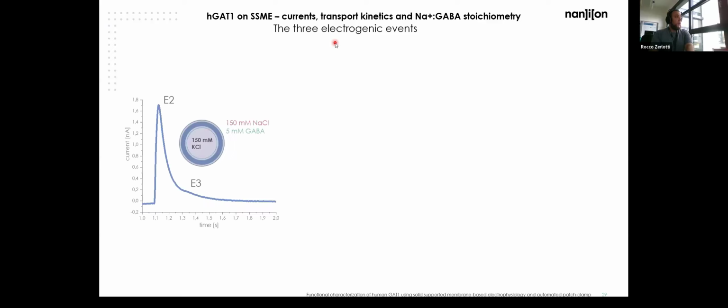If we have our vesicles filled with potassium chloride, and outside we perfuse with high sodium and high GABA, so now we have a very strong sodium gradient force and also a very strong GABA concentration gradient, then we observe a current exactly the same as I showed before. This current has 2 components: a peak, E2, and then a slower decaying phase that we call E3.